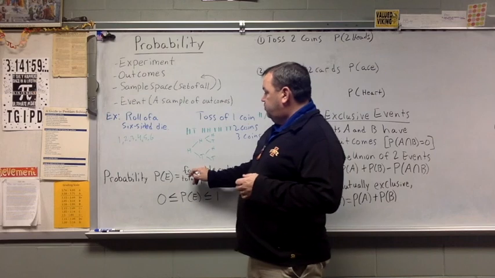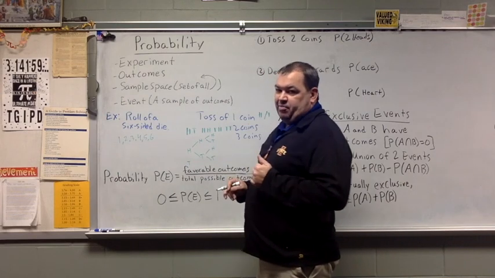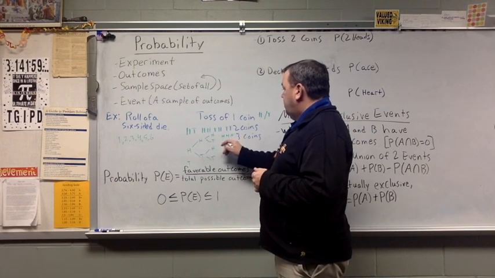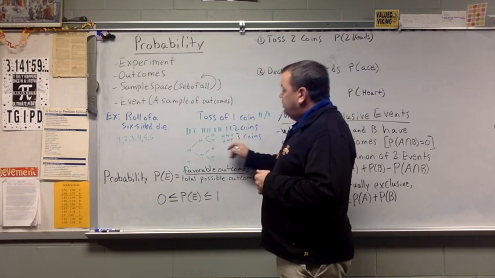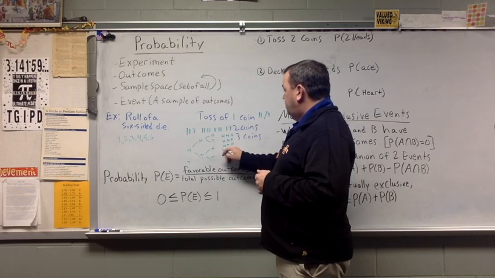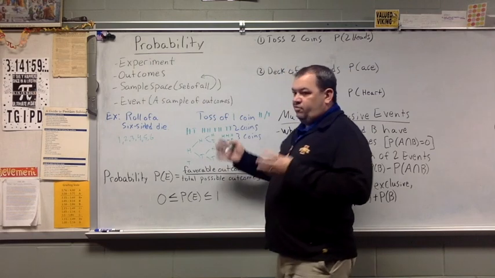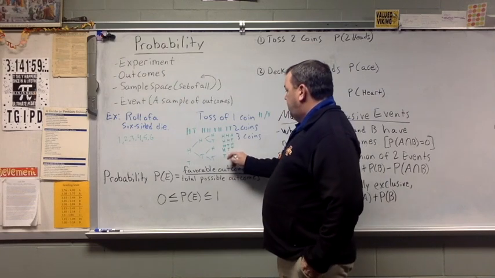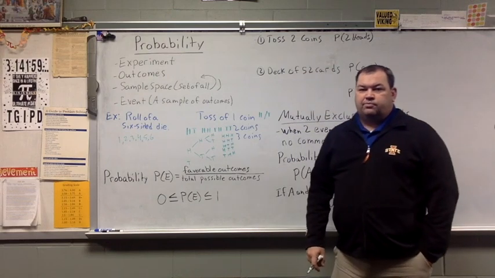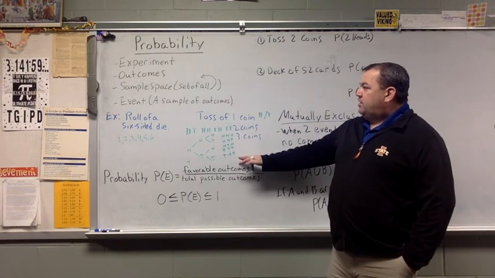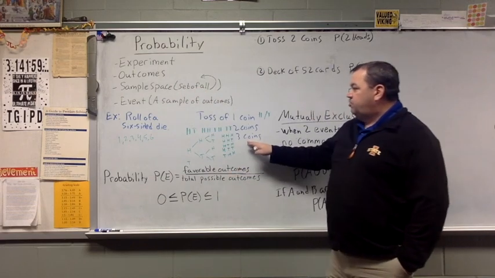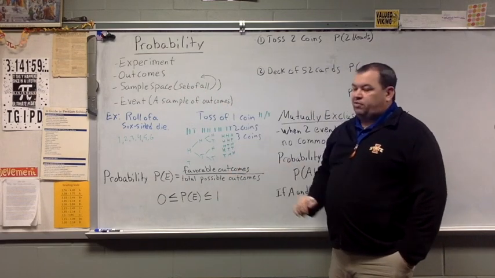There would be another half to it that has all the tails and the same idea, but you'll notice I get heads, heads, heads; heads, heads, tails; heads, tails, heads; heads, tails, tails; and then I have the other half. Tails, heads, heads, etc. There's 8 of them all together. These are all the possible outcomes, so that's my sample space. The experiment is the fact that I'm flipping 3 coins and I look at a specific event.